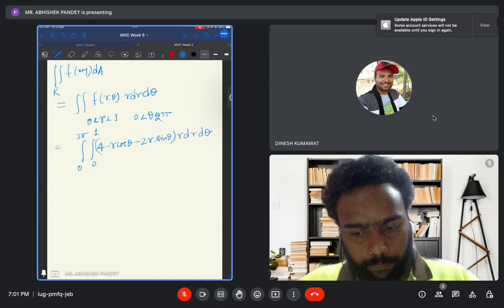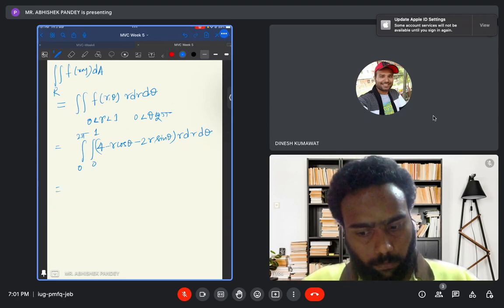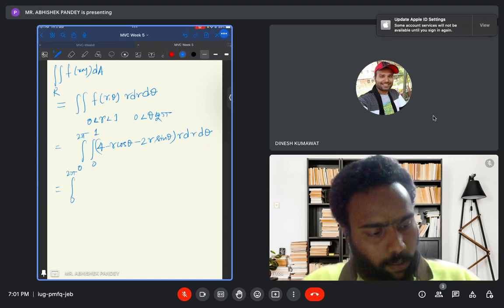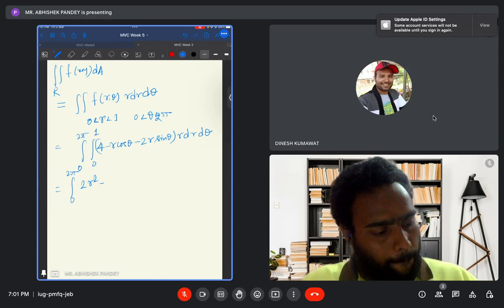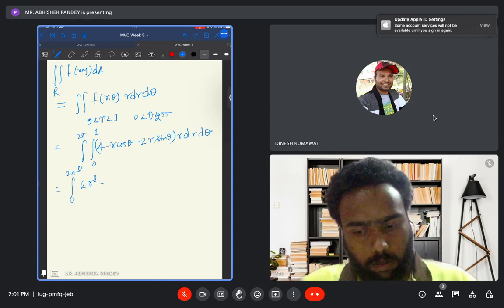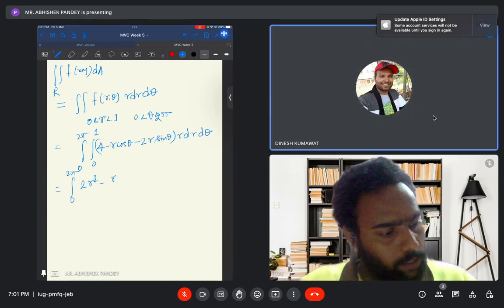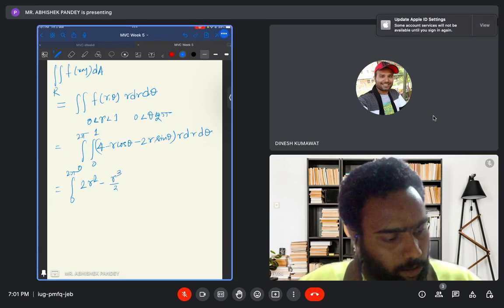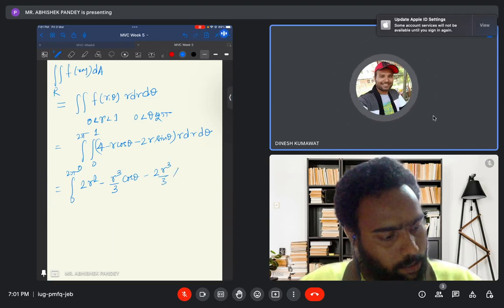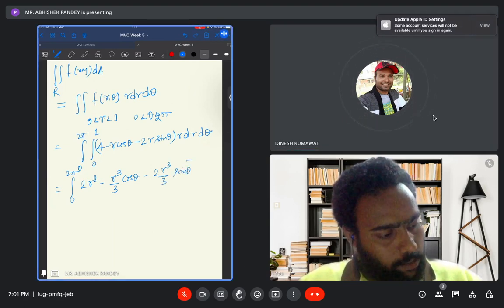So this will become, with theta from 0 to 2 pi, after integrating with respect to r, 2r square minus r square by 2, minus r cube by 3 cos theta minus 2 r cube by 3 sin theta, from r equals 0 to 1.